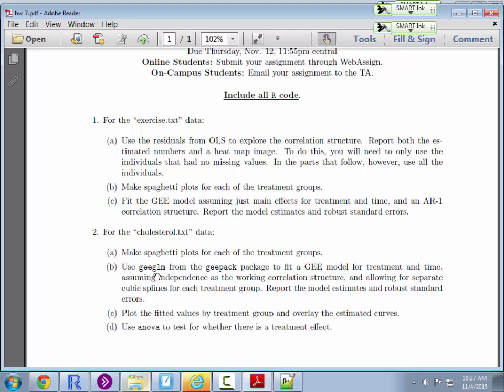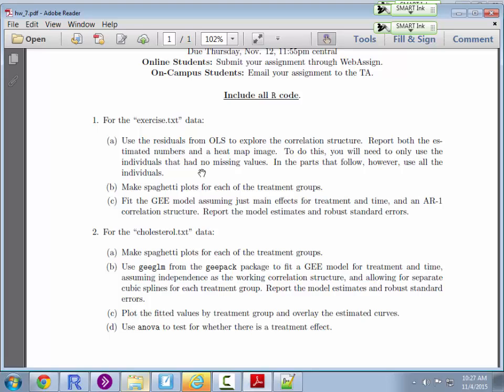Okay, for the first problem with the exercise data, there are missing values. We talked about this in last night's Q&A a little bit, but what you're going to do in part A is use ordinary least squares, IID regression, lm, to fit a model.